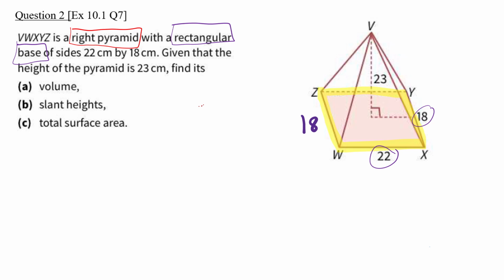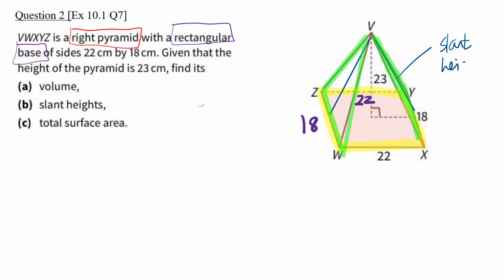So when that happens, you see that the one highlighted in green, the two triangles are identical, are similar. So they have the same slant height.